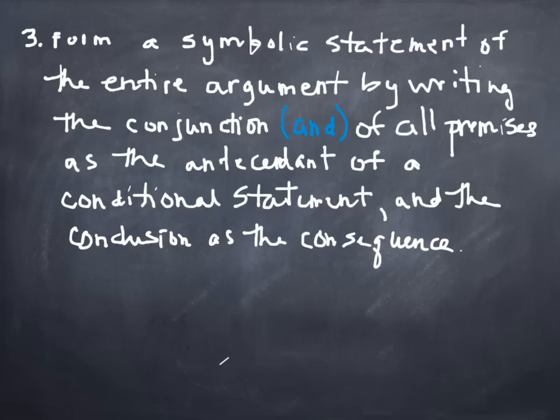You're going to make them the part that comes before the arrow, the antecedent of the conditional. And then the therefore statement that comes underneath will be the consequent, the part that comes after the arrow. So that's visually what you're going to do.